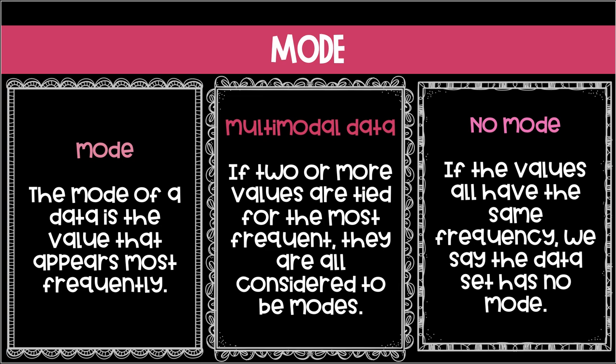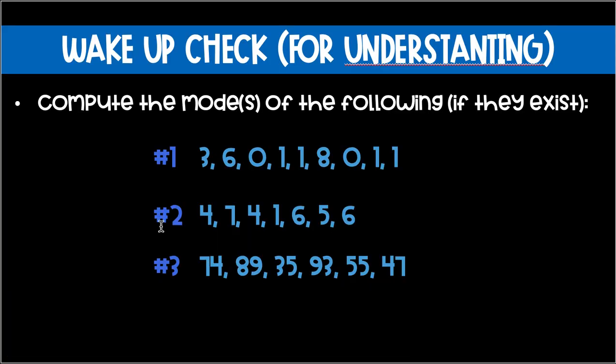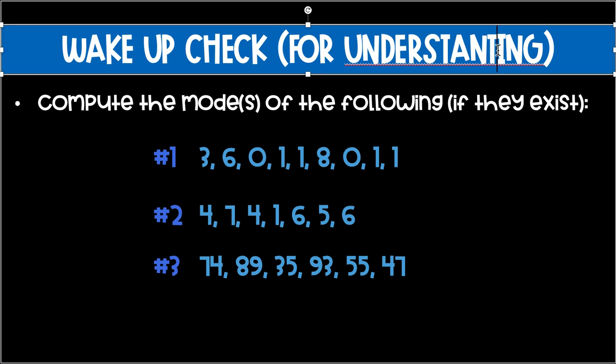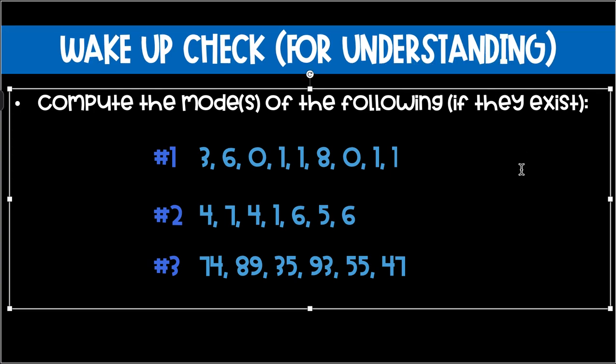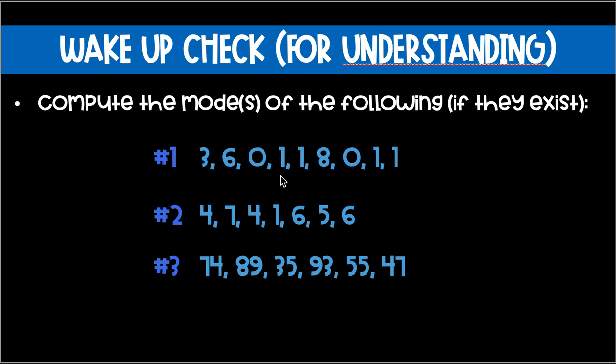If you wanted to compute the modes of the following data sets, it's very easy to compute. You can just take a look at the values, and if you notice, over here we have the value 1 repeating 4 times. This will be my mode. For the second data set, we have 4 twice and 6 twice.